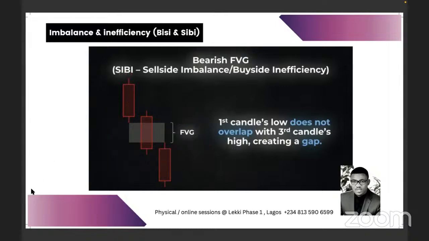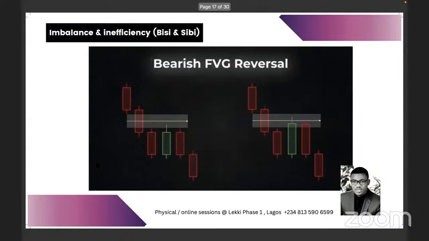Now, as we begin to go gradually into my main points, may I at this point tell you what to do when a fair value gap refuses to work. But before a fair value gap is refusing to work, how does it work? How do we trade a fair value gap?